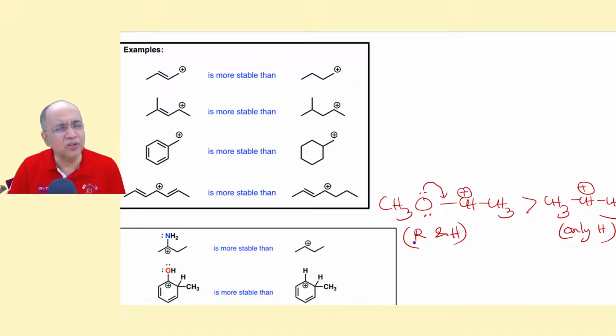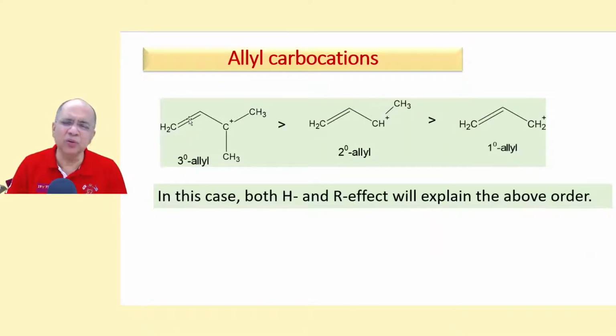So all these things you can understand very, very easily, and in your examination can identify which one is more stable. Now this you know, allyl carbocations are stable by resonance, and if it is further substituted at the positive charge center, then due to hyperconjugation it is still more stable. This is 3 degree allyl.